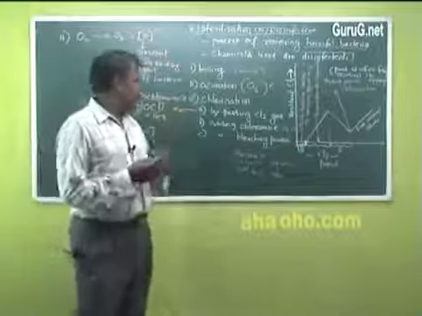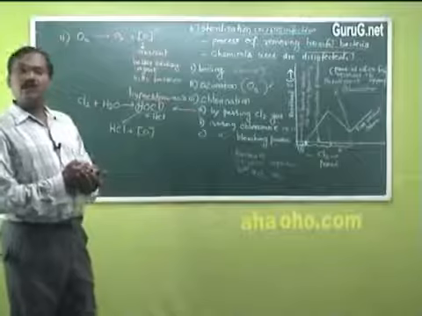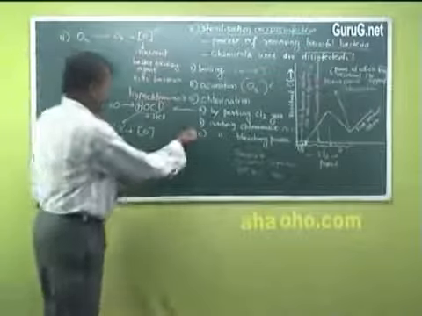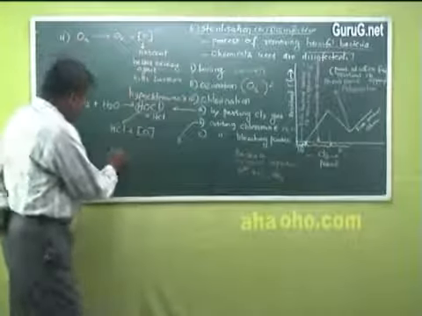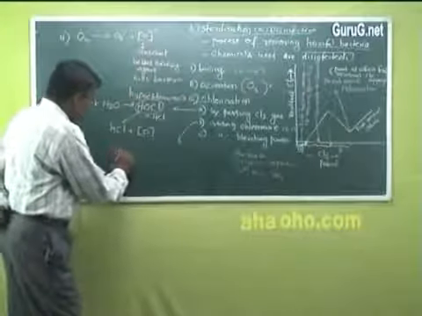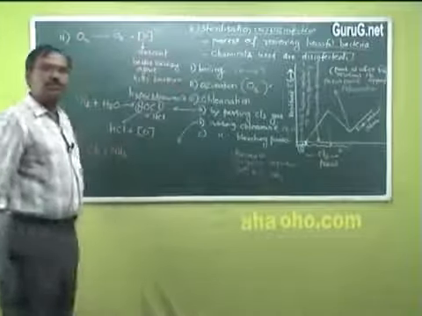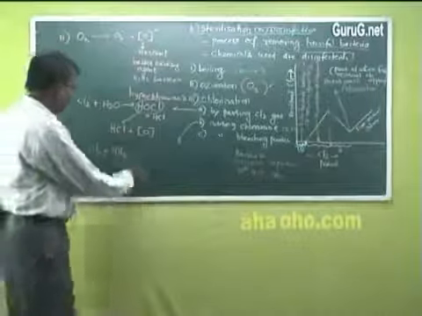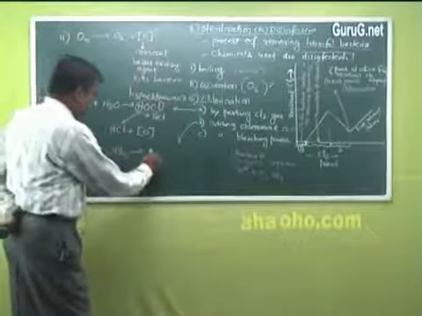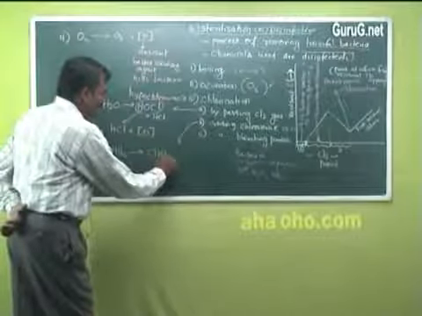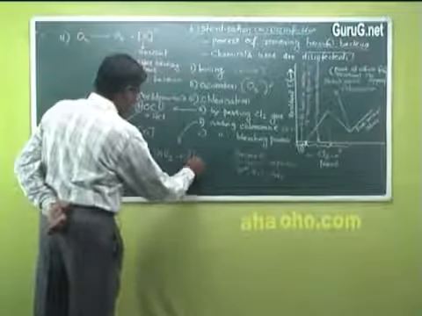And under chlorination, the second technique is by adding chloramine. Chloramine is not obtained directly. It is obtained by mixing ammonia and chlorine in the ratio 2:1, and bubbled through water. These two react to give chloramine, ClNH2, plus HCl.